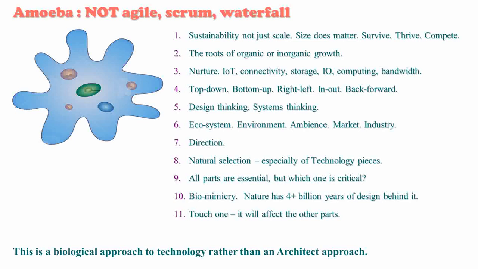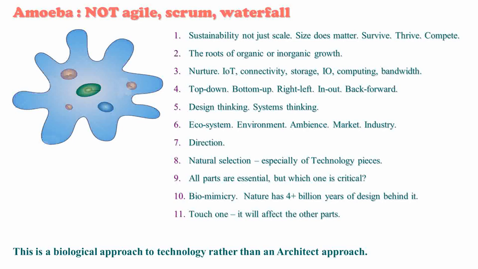So the roots, as I mentioned, are in the nucleus, and then how do you build around it. We have been able to add IoT connectivity, storage, IO, computing bandwidth as needed to this model. So we can scale very quickly and easily. And because of this approach, yes, we do have legacy issues. There are certain things which we're constantly upgrading and improving upon, but those would be more at a unit level, not at a macro level.